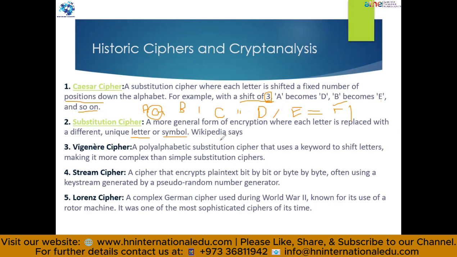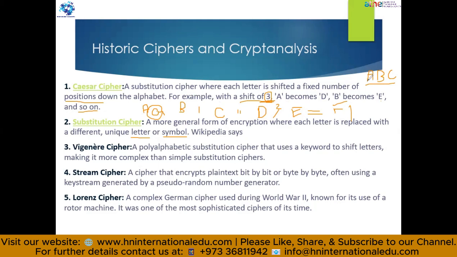In substitution cipher, we can use different letters, different symbols. But in Caesar cipher, we just have to follow an order of letters with different shift numbers. If we are using a shift of 2, it means that A is going to be replaced by C and B is going to be replaced by D. Because now what we have done, A, B, and C, we have shifted by 2 letters.